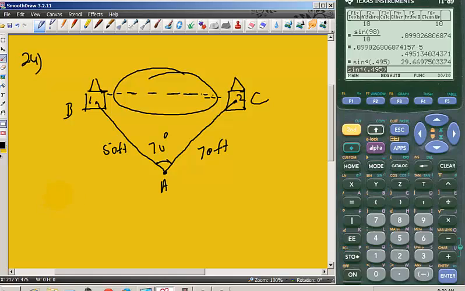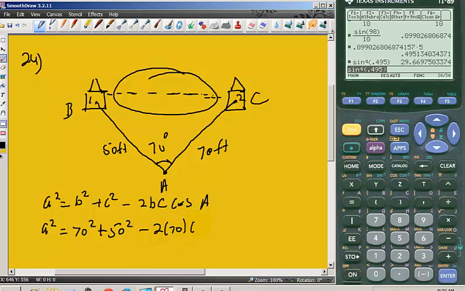Since I have angle A, I'm going to find A squared is equal to B squared plus C squared minus 2BC times cosine of angle A. Plug in everything we have. So A squared is equal to 70 squared plus 50 squared minus 2 times 70 times 50 times cosine of angle 70.